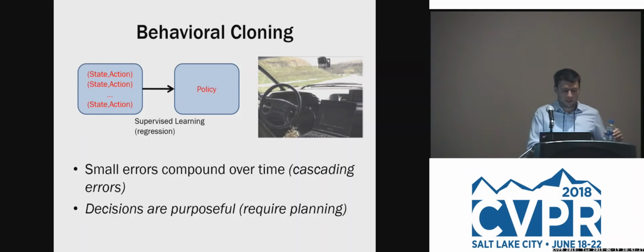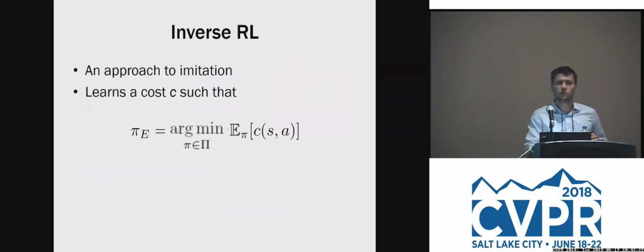An alternative approach that does take into account this structure, the fact that we're dealing with an MDP and that perhaps there is some kind of objective function that the expert is optimizing for, is called inverse reinforcement learning. The idea is that we're going to assume that the expert is optimizing for some objective function, and we're going to try to solve an inverse optimization problem.